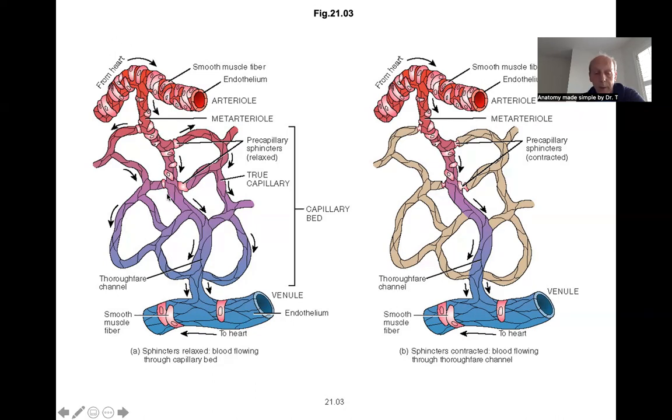And the diagram on the left side illustrates that from this blood vessel, named as the metarteriole, obviously being the main thoroughfare channel between arteriole and venule, basically there are some smooth muscle fibers acting as capillaries. When they're fully relaxed, blood, of course, starts filling the rest of the capillary bed.